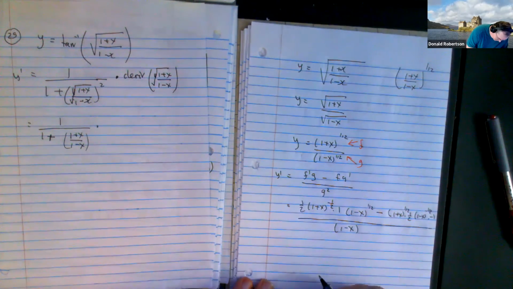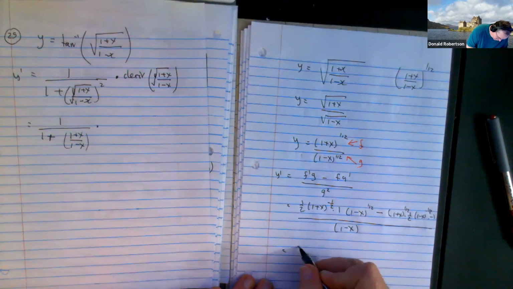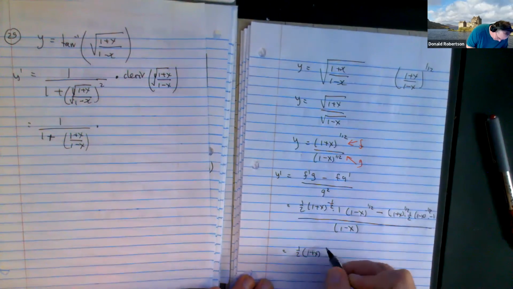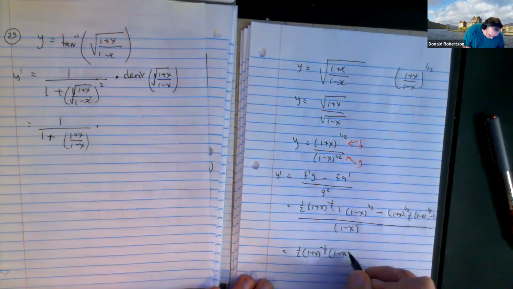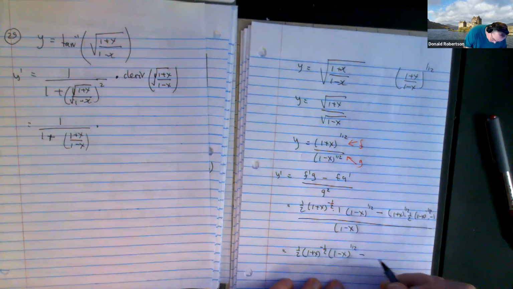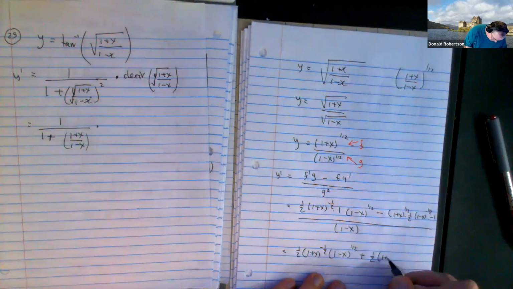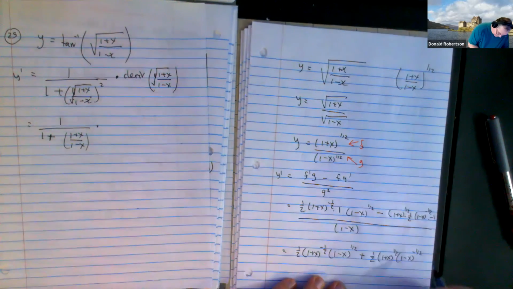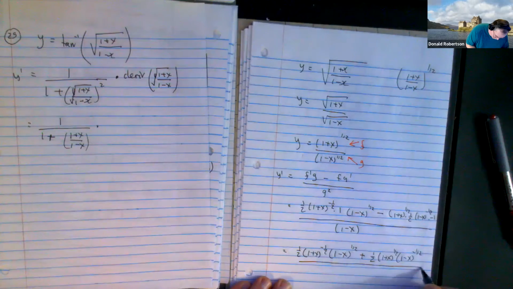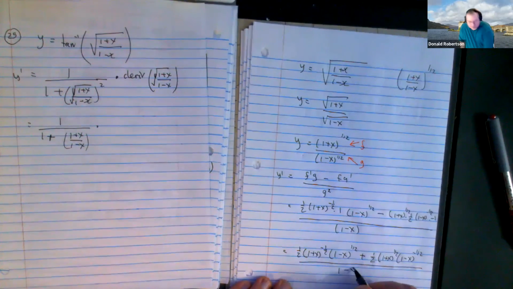So what do I have? I have 1 half, 1 plus x to the negative a half, 1 minus x to the positive a half, take away 1 half, or 2 takeaways, add a 1 plus x to the half and a 1 minus x to the negative a half, all over 1 minus x.